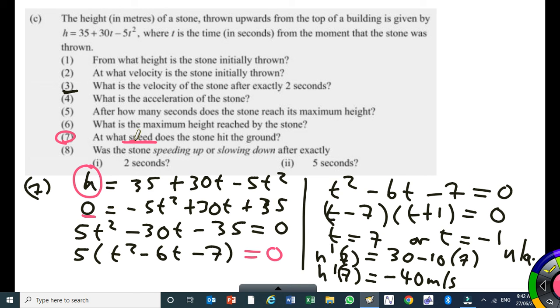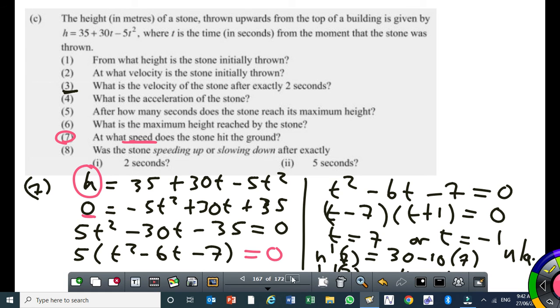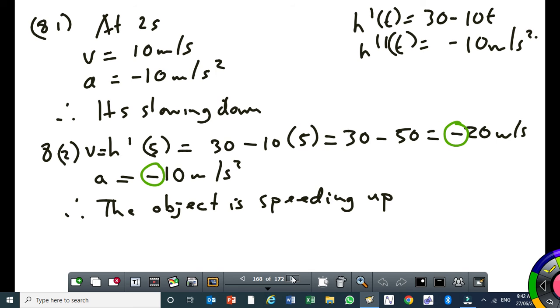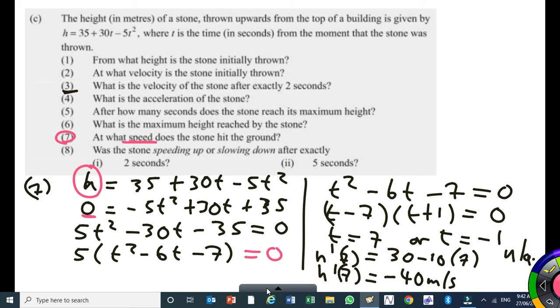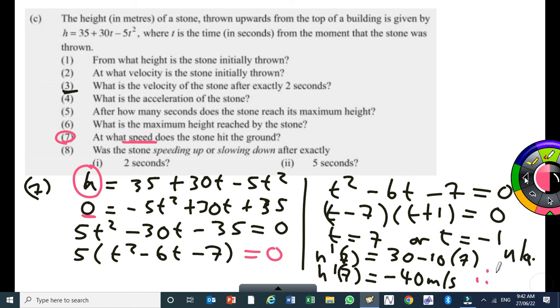But because this is speed, it doesn't have direction. Therefore, our answer for speed will be 40 meters per second. The minus 40 meters per second, that's the velocity. But we are dealing with speed, which doesn't have direction. So the answer will be 40 meters per second.